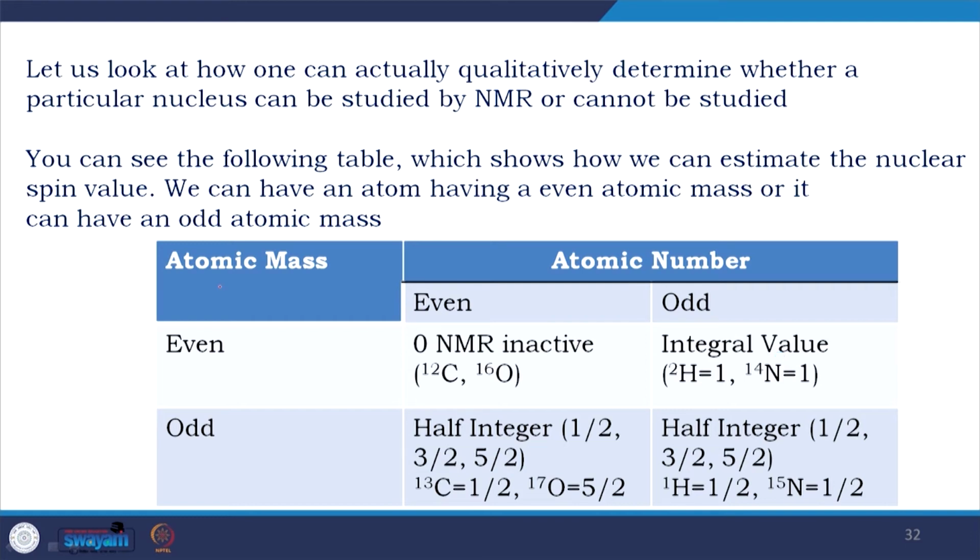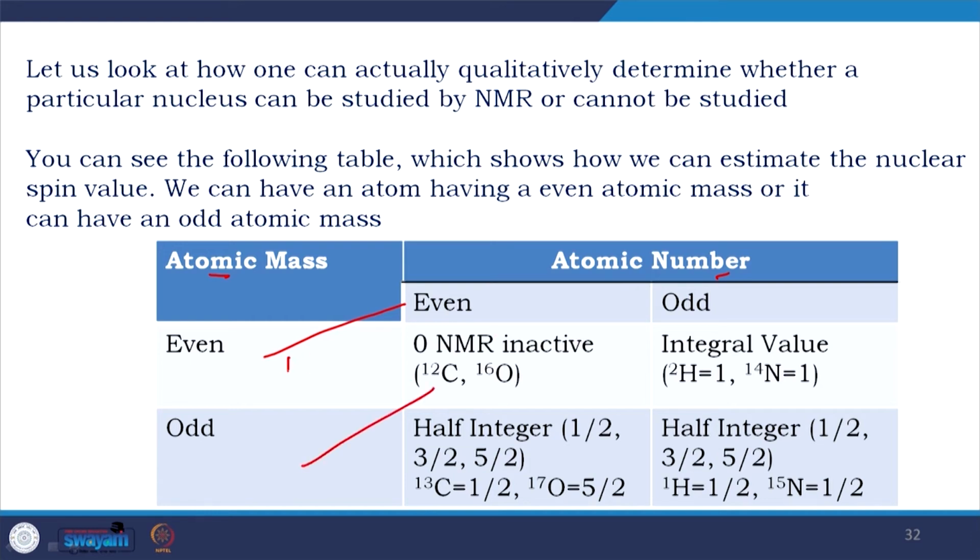So, there are two things, atomic mass and atomic number. Atomic mass could be even or odd, atomic number could be even or odd. So, there are four conditions. One is even-even, with spin 0 and NMR inactive, like 12C and 16O.